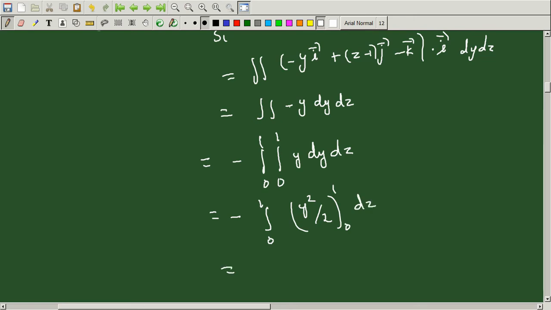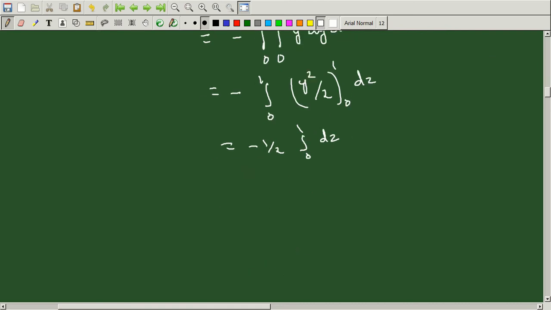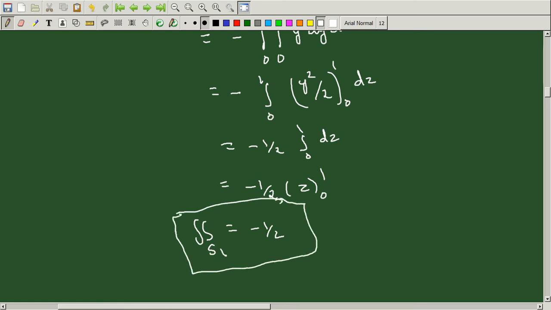Then substituting the limit, minus 1 by 2 integral 0 to 1 dz. Integration of dz is z, substitute the limit 0 to 1. So the value of S1 is equal to minus 1 by 2.